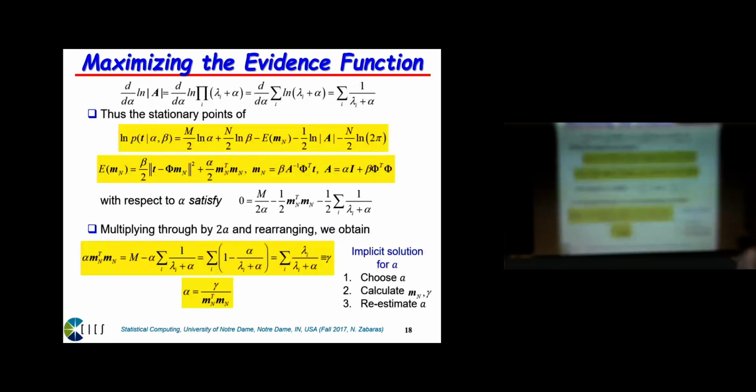Okay, so let's put the whole thing together. The other terms don't provide any complexity. So if you put all the terms together, let me concentrate on this final equation.